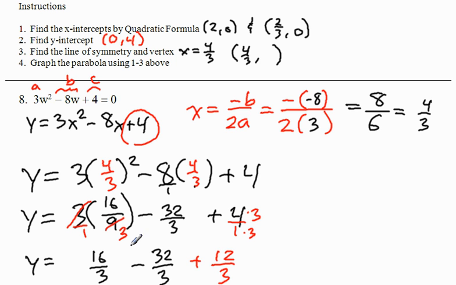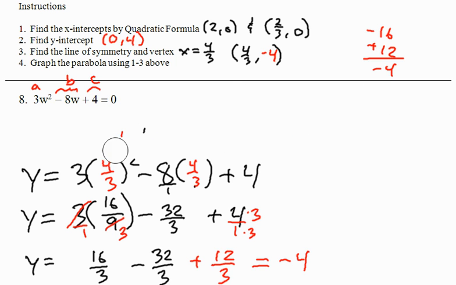Now that we have thirds for all 3 parts of the fraction, we can add them up. 16 minus 32 is negative 16. Then if we add 12 to that, we get negative 4 overall. So this adds up to negative 4. That's cool. So that means the vertex is at (4/3, -4). Not as many fractions involved this time as last time.